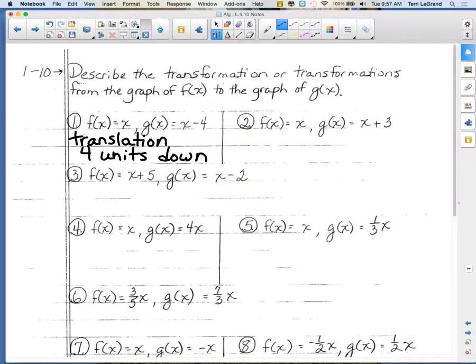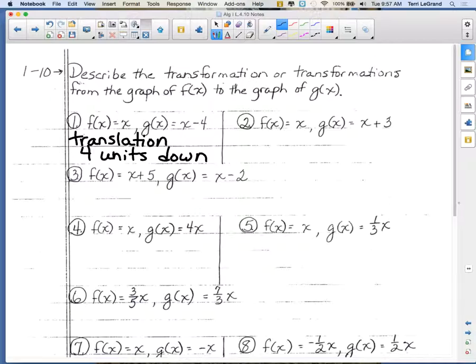See what happens. What happens in that one? Okay, who's willing to share? What transformation occurred from f of x? By the way, is f of x equals x the parent function in this one?